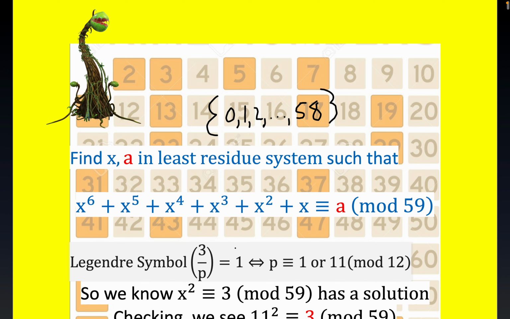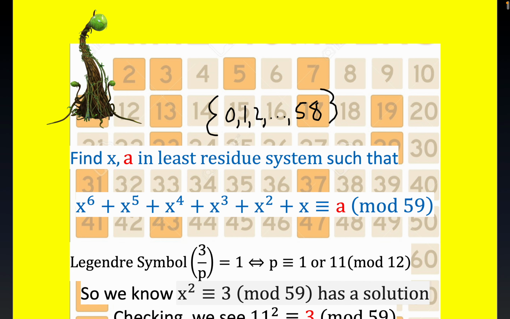Now, I've talked about this briefly. The Legendre symbol is something that predicts a solution to quadratics, and there's a lot of math behind it. I don't know much about it, but I do know that 3 is considered to be a perfect square modulo 59 because 59 is congruent to 1 mod 12.